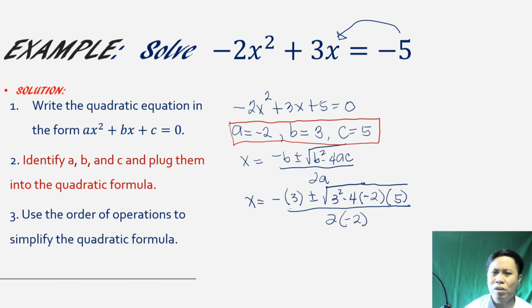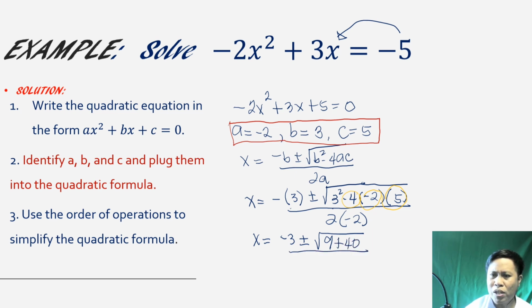Then we use the order of operations to simplify. We have x equals negative times positive 3 is negative 3, plus or minus the square root of 3 squared, which is 9. Then negative 4 times negative 2 is positive 8, times positive 5, you have positive 40.